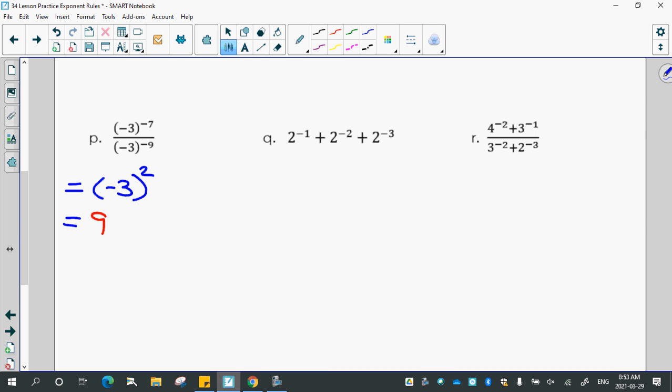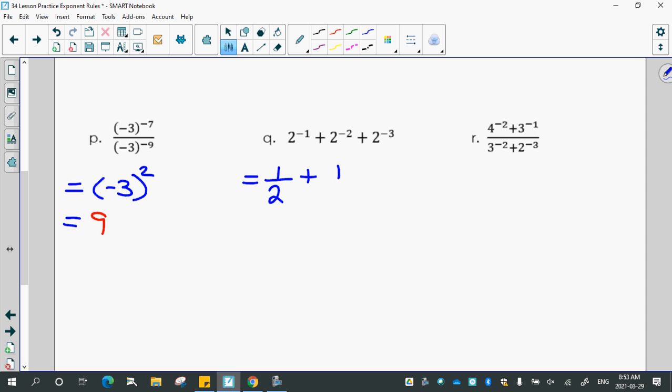Okay, this one often people go astray because they see the same bases and it looks to them like they should be able to keep the base and do something, but how come I can't just keep the base and do something? Right, there's no rule for adding powers to the same base, so you've just got to do each one individually. So 2 to the -1 is 1/2.